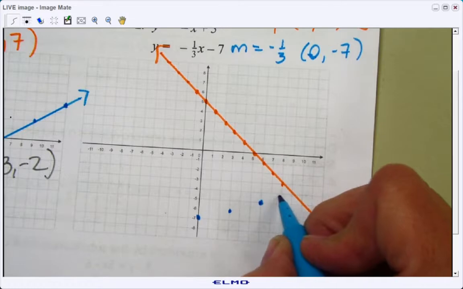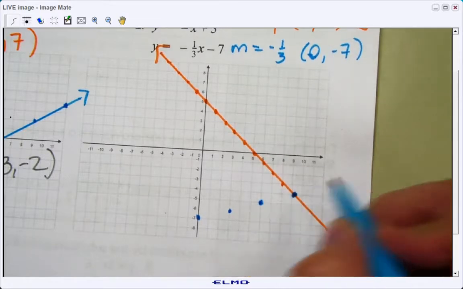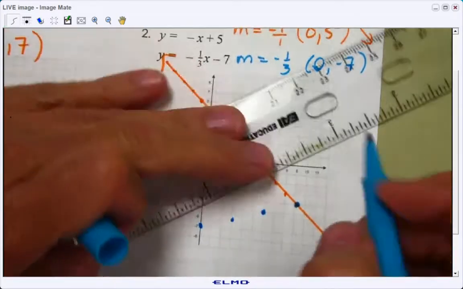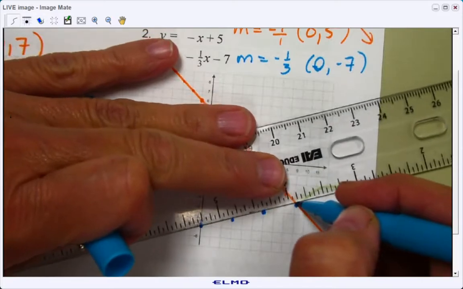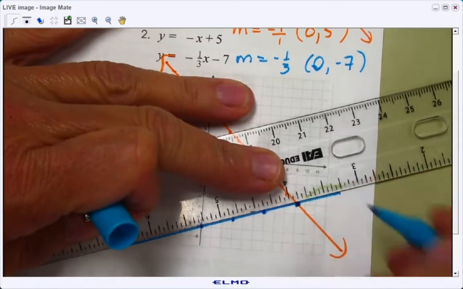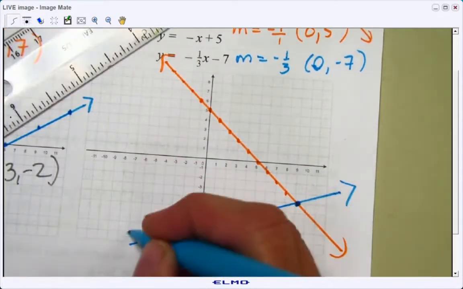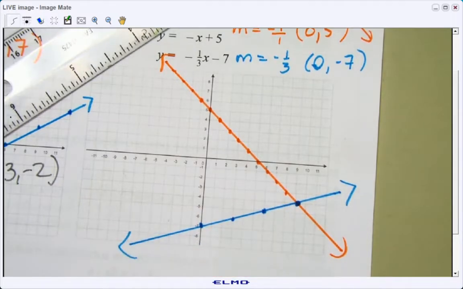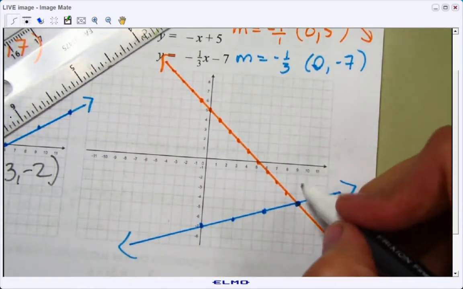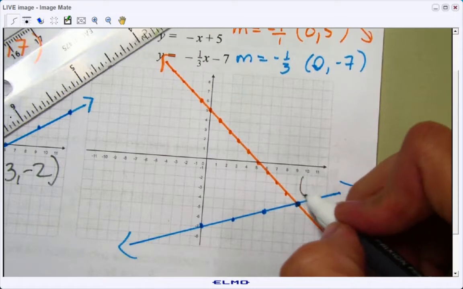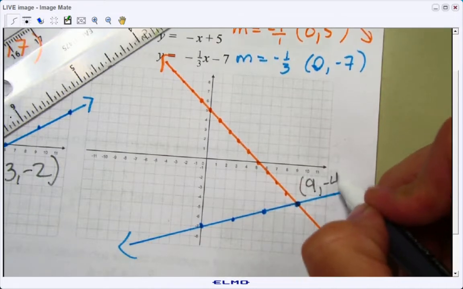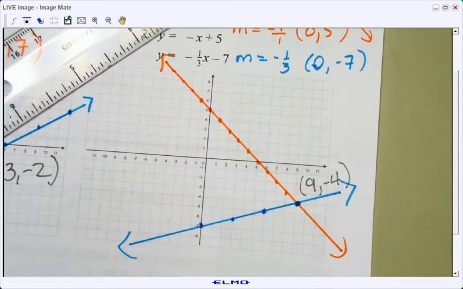Oh, they ran into each other. And let's see, where did they run into each other? It looks like 9, -4. So that is my solution, 9, -4.